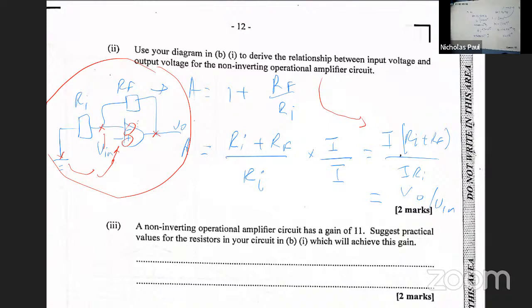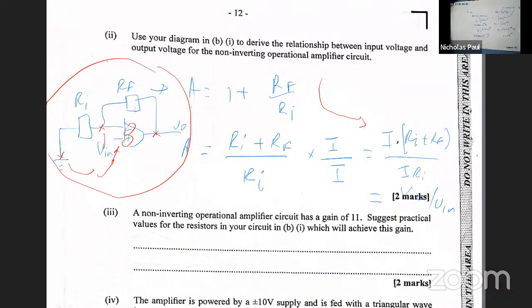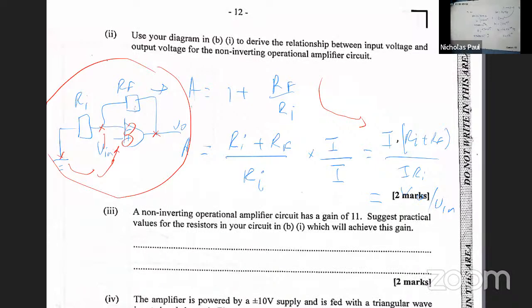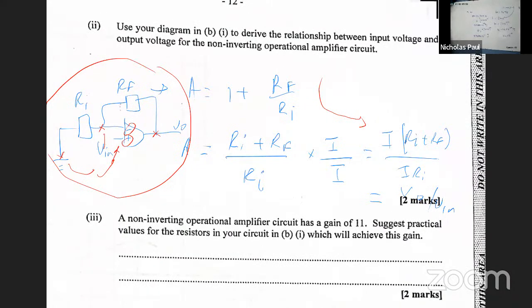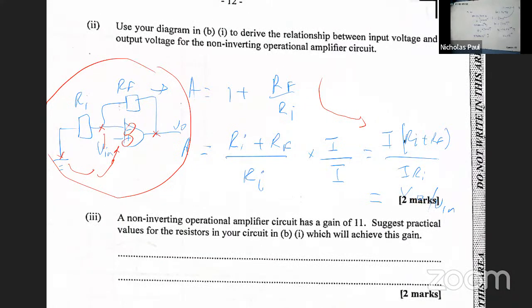All right, make a note of that. A non-inverting operational amplifier has a gain of 11. Suggest practical values that you can use in your circuit. 110 for Rf and Ri is 10, oh wait, no, all right.